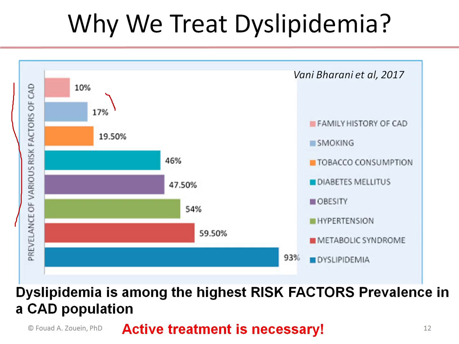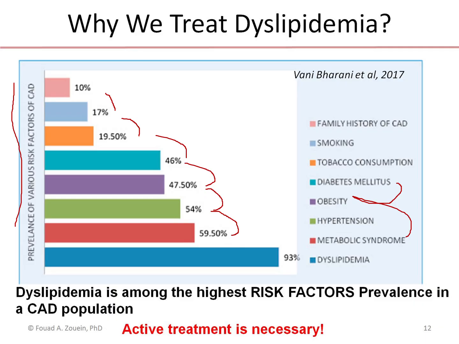With general tobacco consumption, it increases to 19.5%. With diabetes, it increases to 46%. And then 47.5% with obesity, 54% with hypertension, 59.5% with metabolic syndrome, which makes sense because metabolic syndrome is also related to obesity and to diabetes.